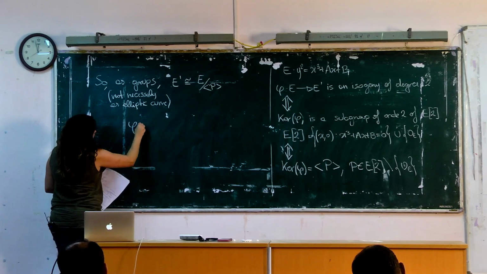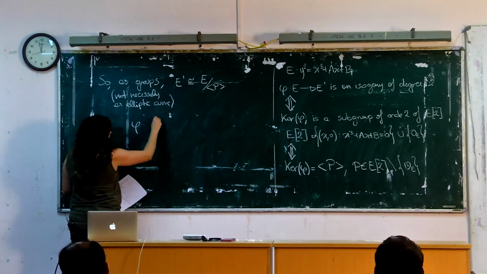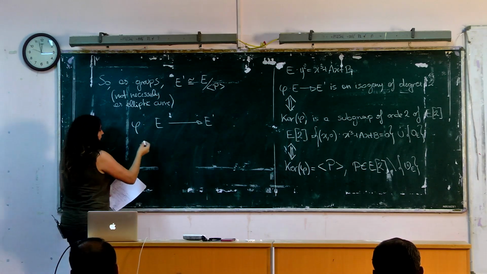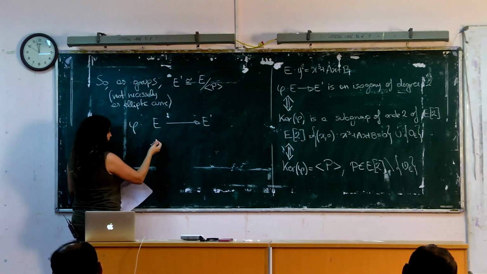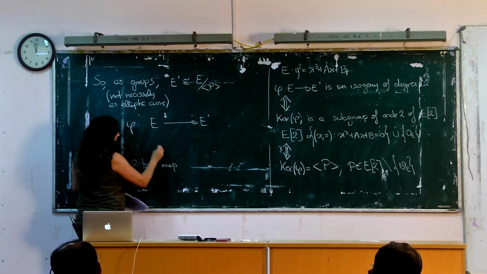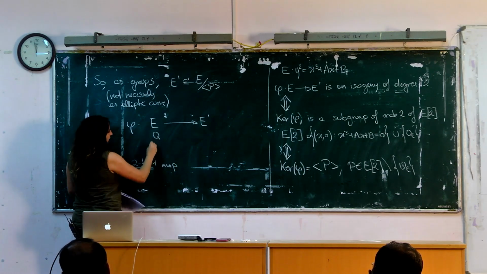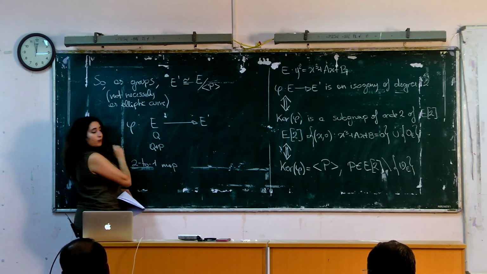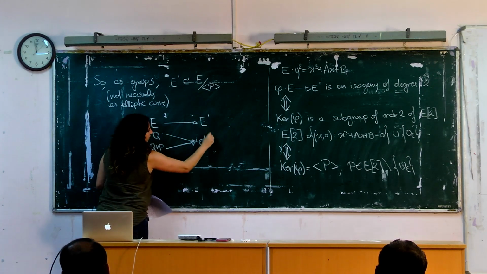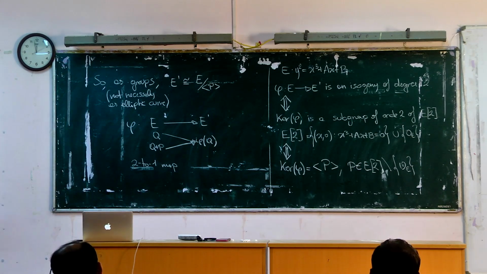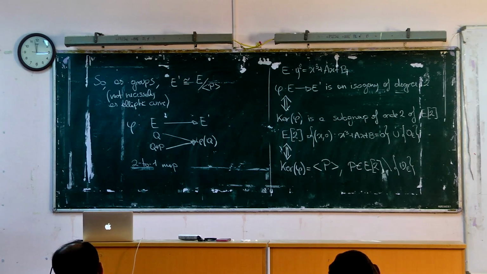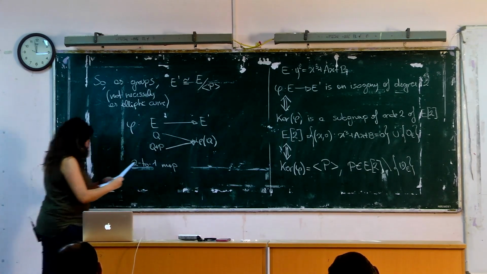When I take my isogeny, basically this can be seen as a 2-to-1 map, because every point Q and every point Q plus P will go to the same element, phi of Q, right? Because P is in the kernel, so these elements go to the same element.